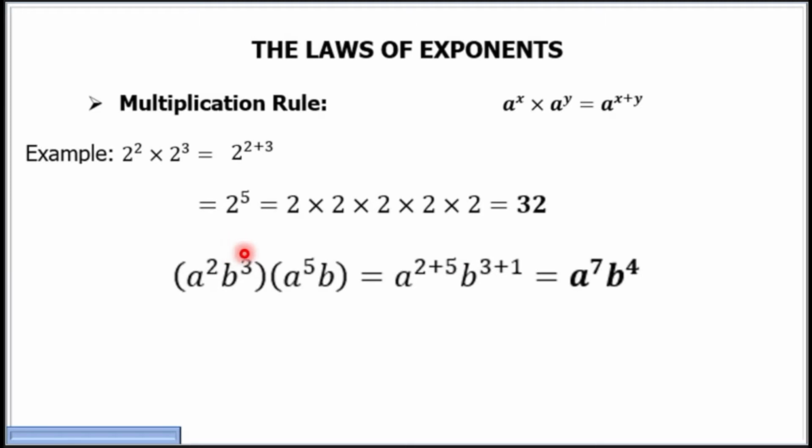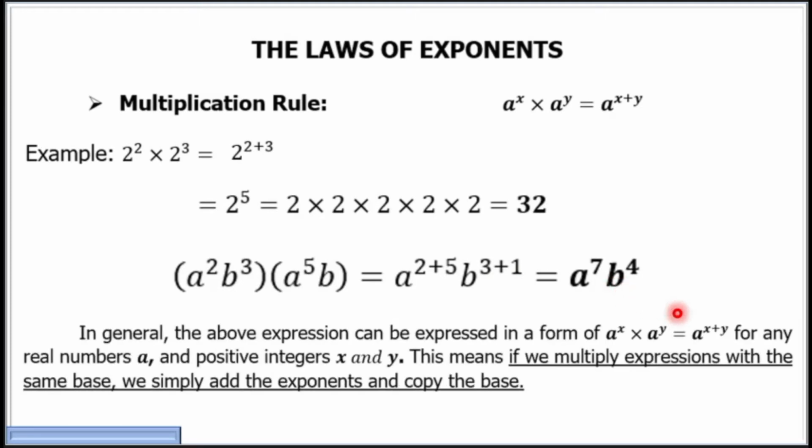And on b, i-add ra gihapon 3 plus 1. Since wa gali suwat nga number diri automatically that is 1. So that will become a raised to the power of 2 plus 5 times b raised to the power of 3 plus 1. That is equal to a raised to the power of 7 and b raised to the power of 3 plus 1 is equal to 4.